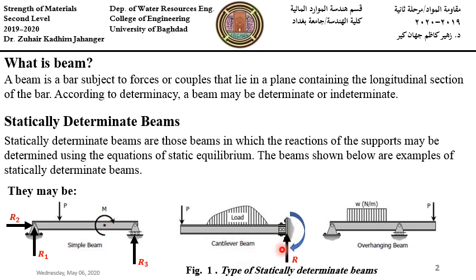This is the cantilever. And the overhanging beam is supported by a hinge and a roller reaction with either or both ends extending beyond the supports. For statically determinate beams, the reactions can be determined directly from the equations of static equilibrium.